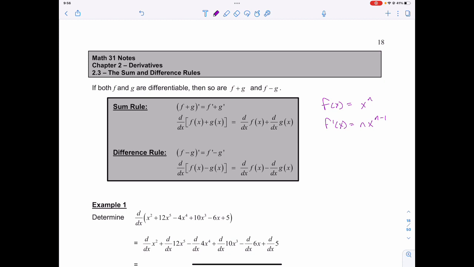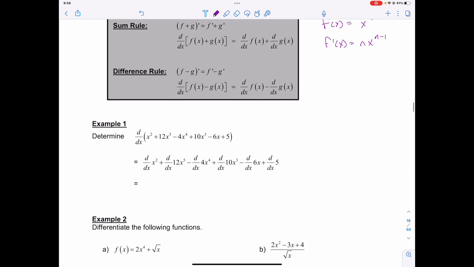With the sum and difference rules, if both f and g are differentiable, then so are f plus g and f minus g. So the sum rule states that (f plus g) prime is the same as just f prime plus g prime. If it's f minus g prime, then it's f prime minus g prime.